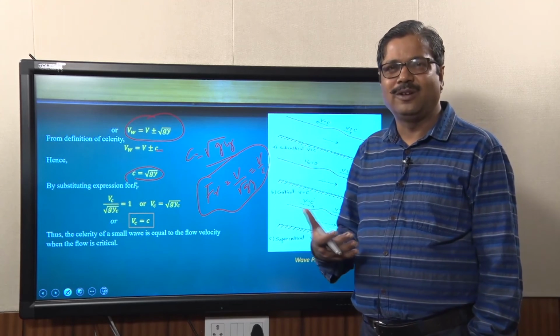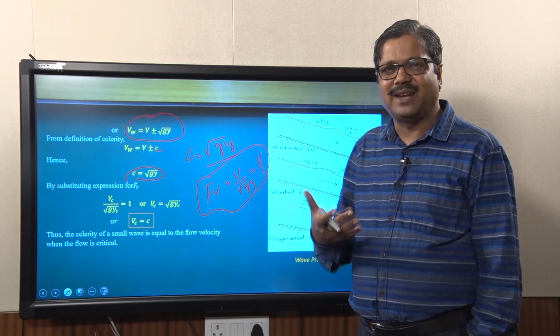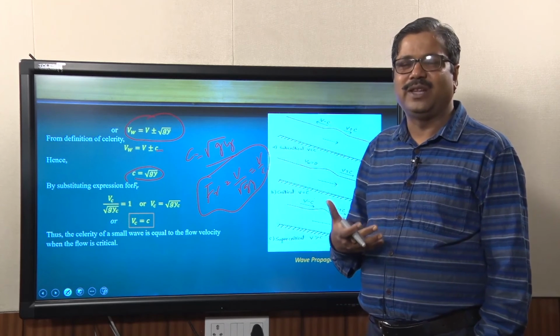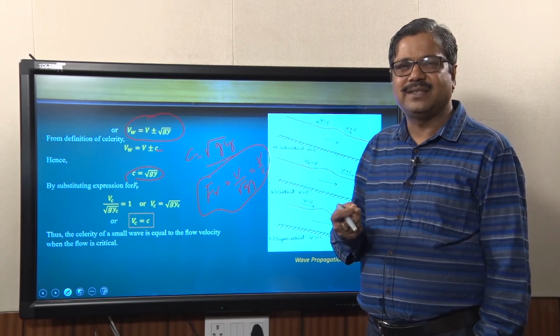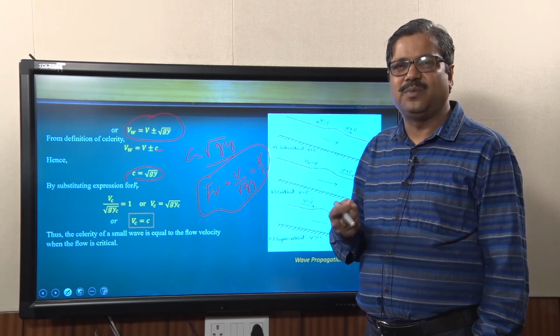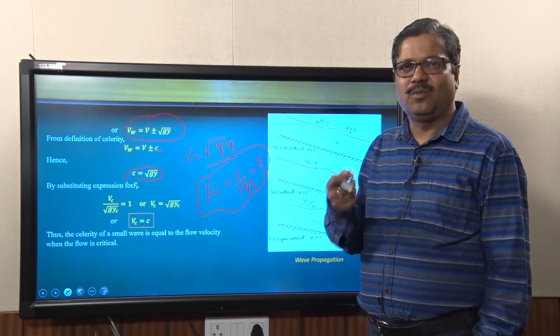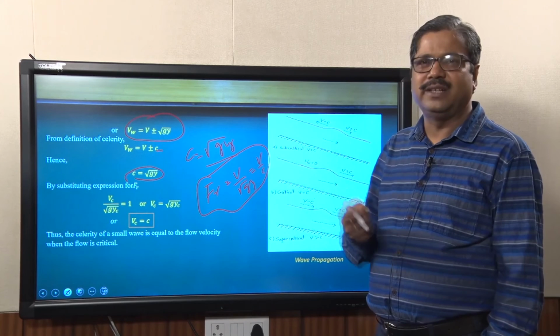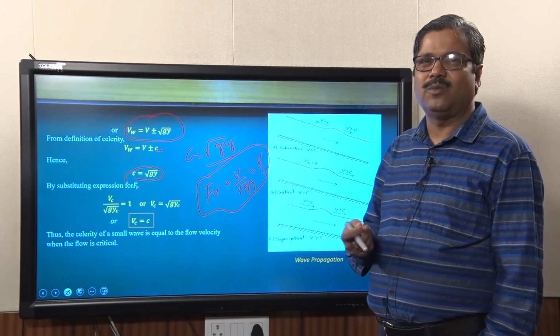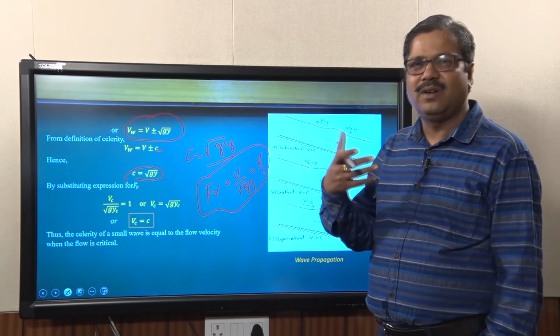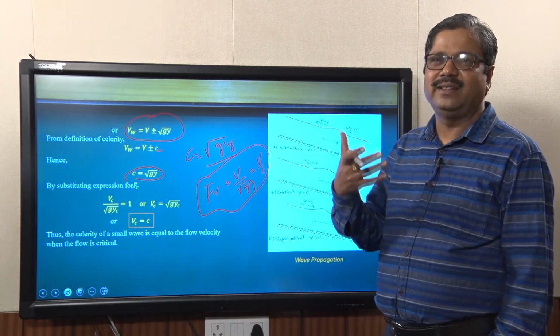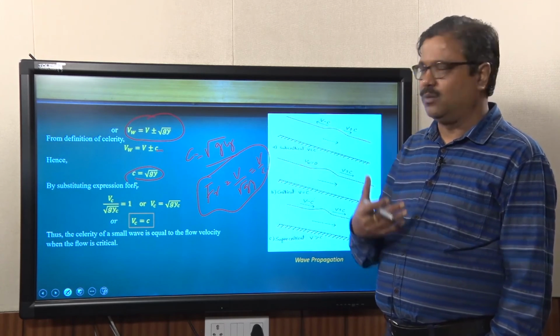Here we are talking about the same concept: critical flow happens when you create a disturbance, and that disturbance speed and V, the flow velocity, are equal to each other, then you have a Froude number of 1. So, in terms of wave celerity, we are defining the Froude number.